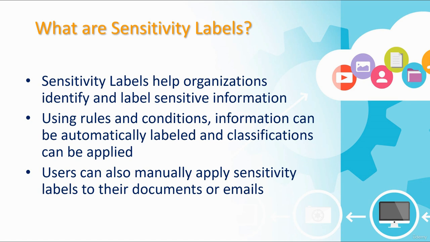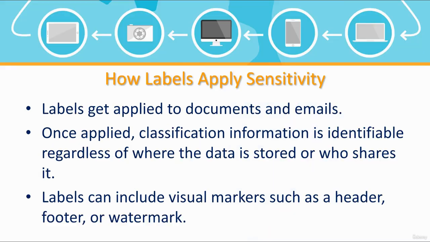These sensitivity labels can be manually applied by your users, and you can also have rules that automate this process as well. But users can manually apply these to documents, emails, all that good stuff. Now, how labels get applied involves the documents themselves or emails.